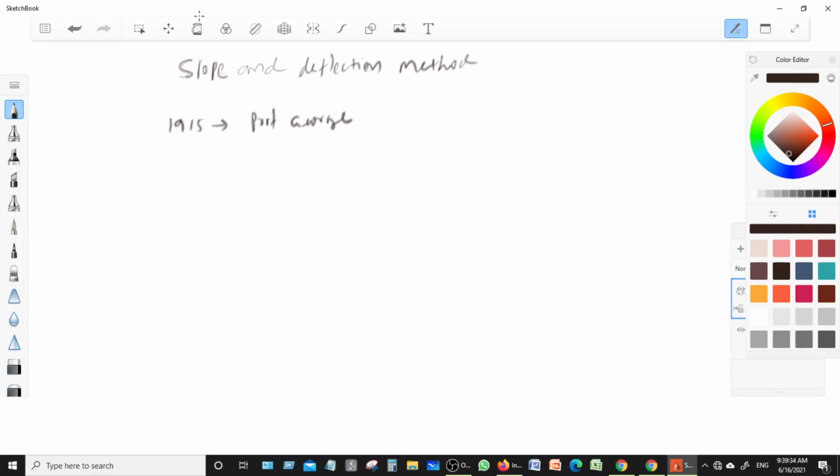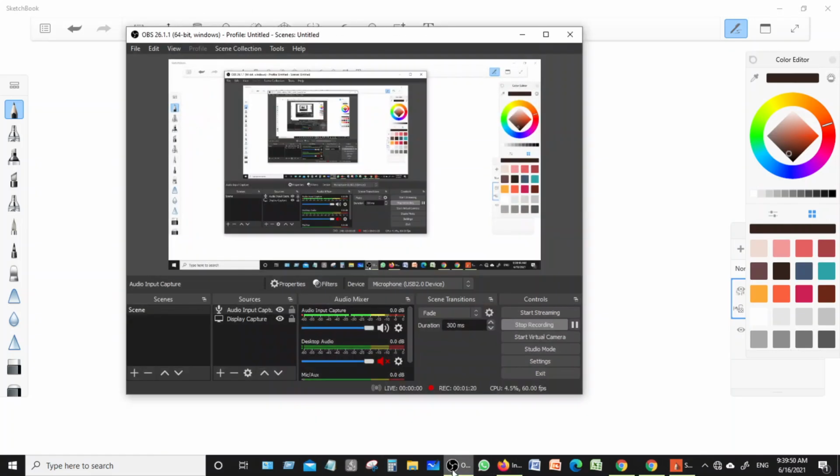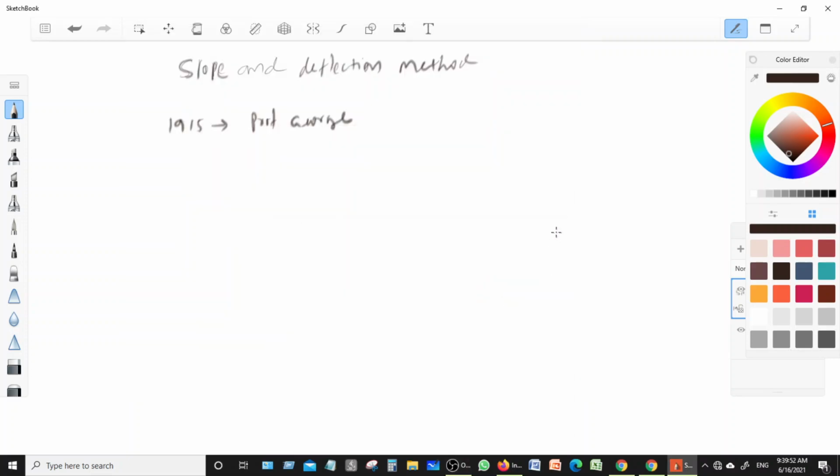And what that particular method is, we will see using one example. He has given one equation for solving the particular indeterminate structure. So here let me take one example.